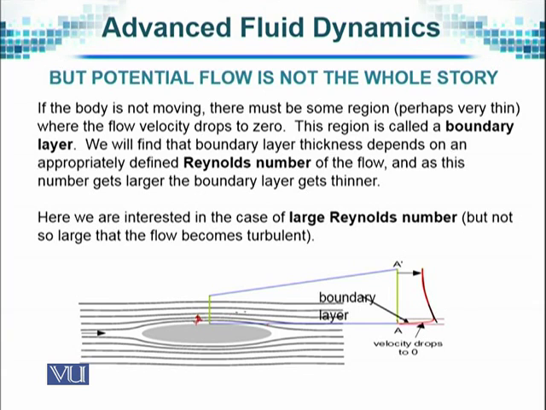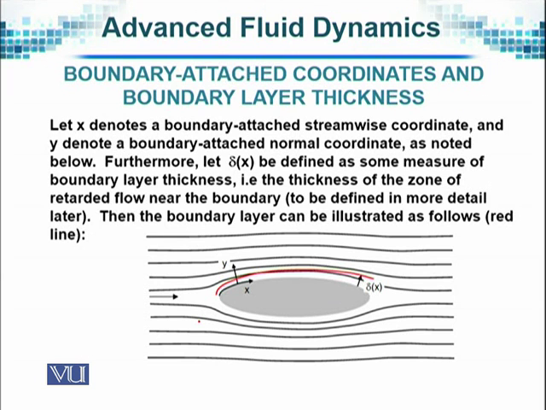On the solid boundary, the velocity drops to almost zero. But as we go away from it, the velocity moves as if there is no solid body present in the flow field. But as we reach here, then naturally the velocity becomes close to zero, but not zero.